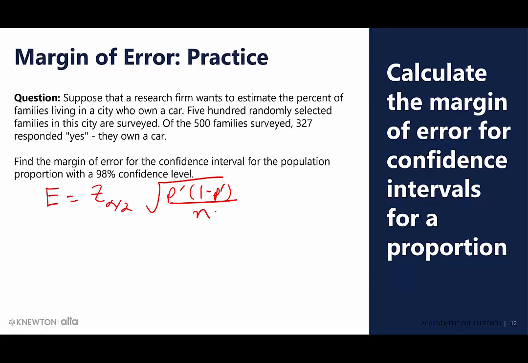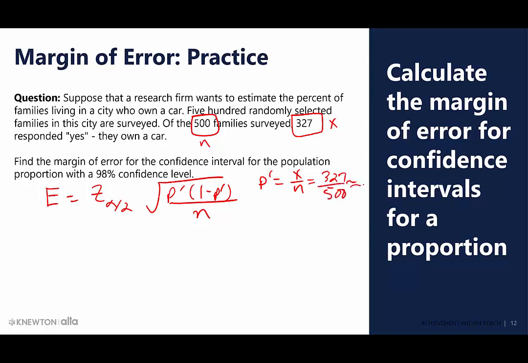Let's start off with p prime. p prime is x over n, number of successes over your sample size. 327 is the number of people that responded yes, that's our x. 500 is our n. So p prime, the sample proportion, will be 327 over 500.